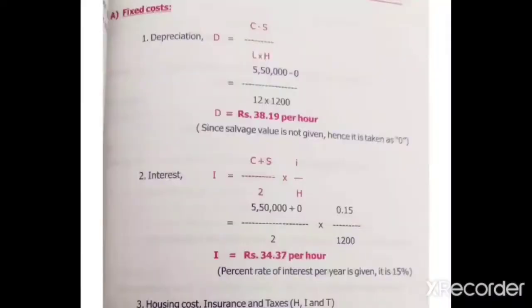So the first part is fixed cost. Under fixed cost, the first cost is depreciation. We know the formula: D is equal to (C minus S) divided by (L into H).